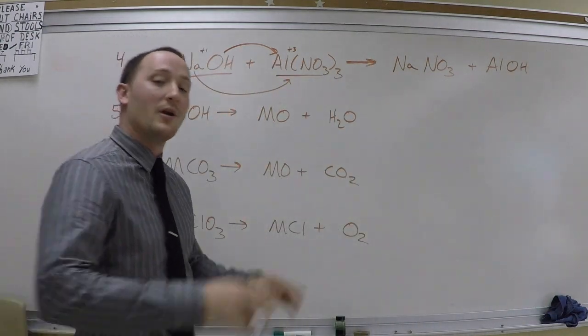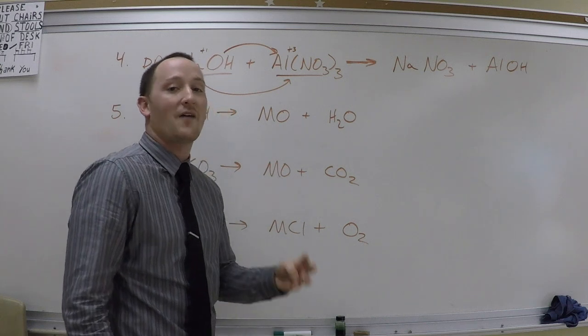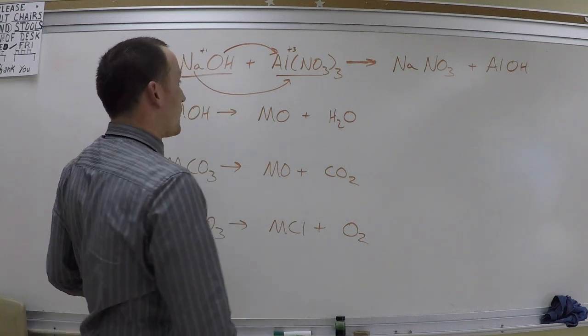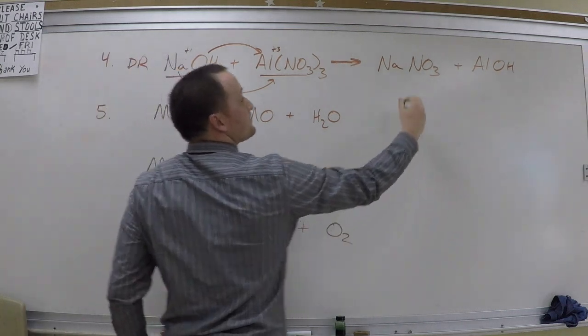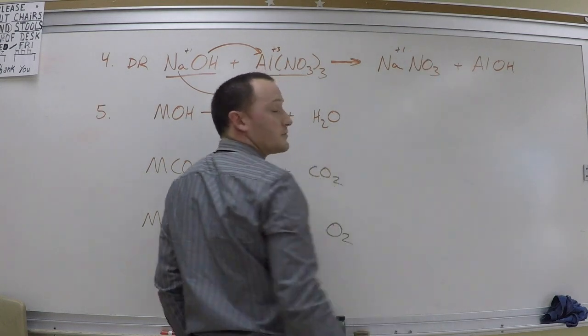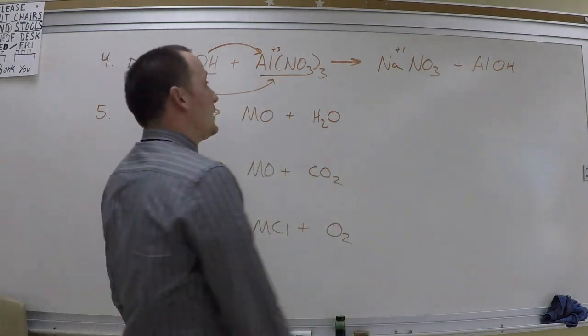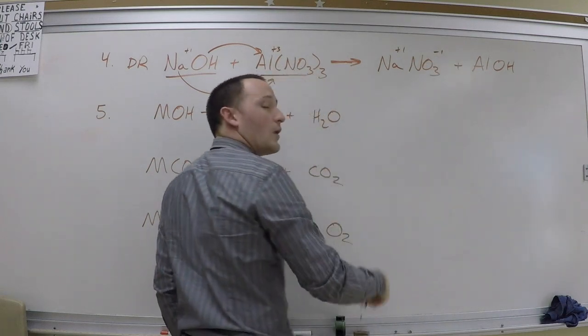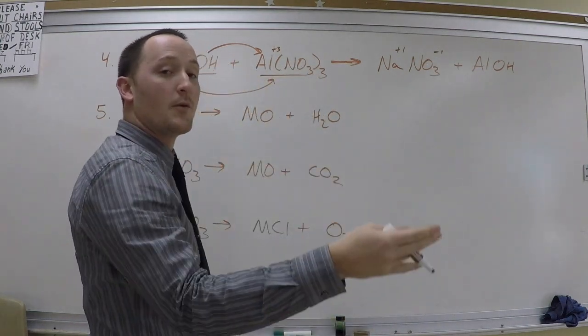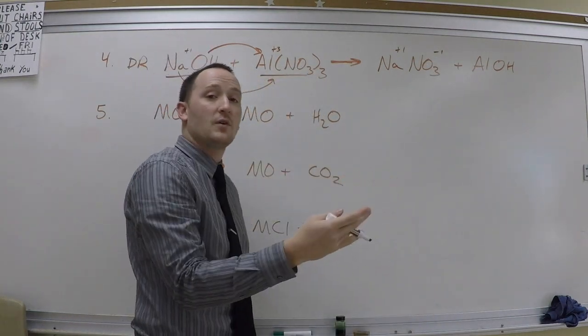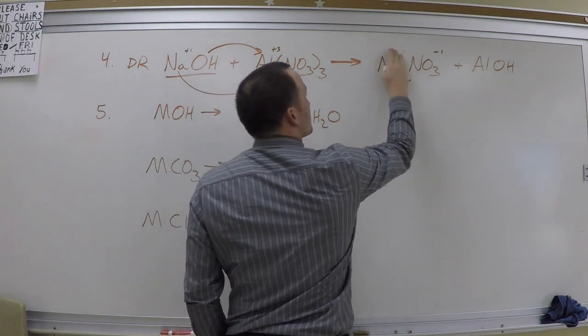Now, don't forget, remember, anytime we make a new compound, we have to crisscross the charges. So, for my sodium, it has a +1 charge. I can look that up on my periodic table. Nitrate has a -1 charge. Well, when I crisscross those charges, they're both 1. So I actually don't have to put any subscripts on these.